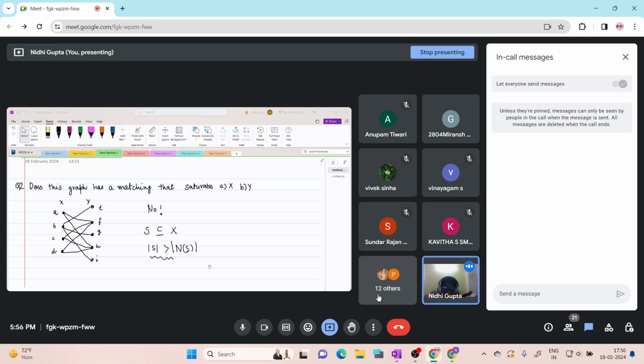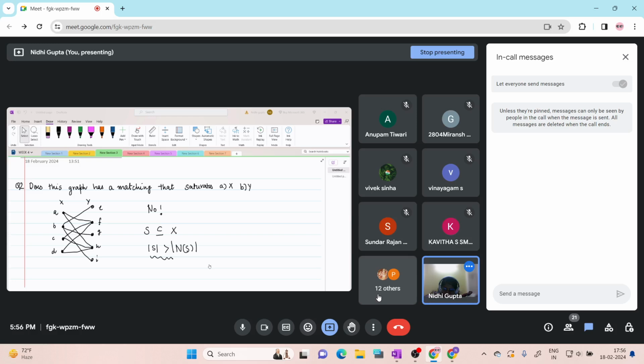Then we'll later see what the set is. So don't speak out the set. Yes or no. No. Okay, so the answer is no. That means he has a set satisfying this condition, that is, you can find some vertices in X whose number of neighbors is strictly less than the size of S. So the answer is correct. The answer is no. Now find the set which satisfies the condition that I have written.